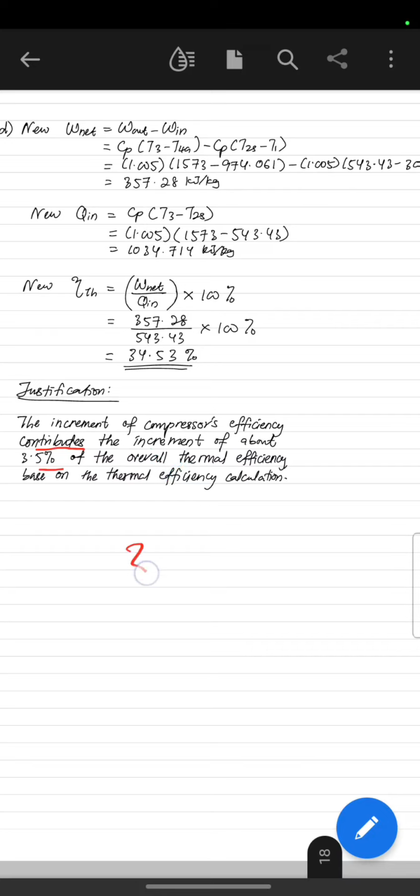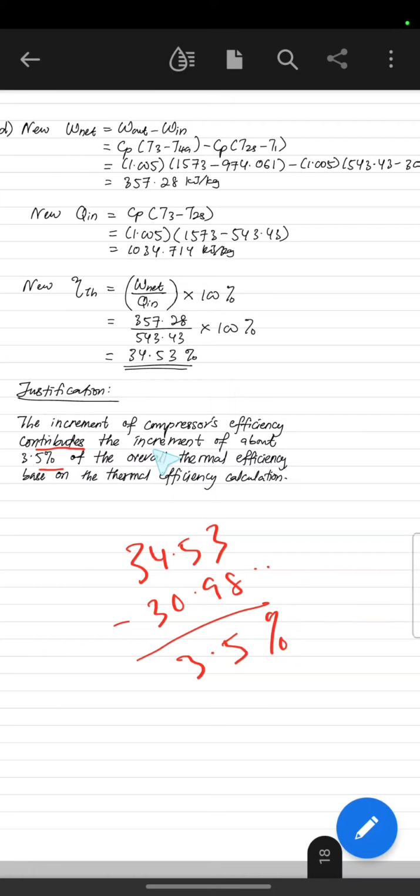It's actually 34.53 minus that 30.98 something, right? So we get about a 3.5% increment. So the overall thermal cycle efficiency improves because the work of your compressor is working at 100% efficiency.